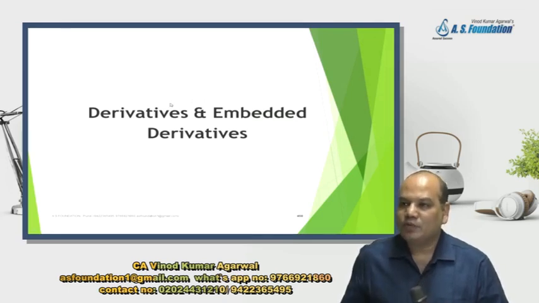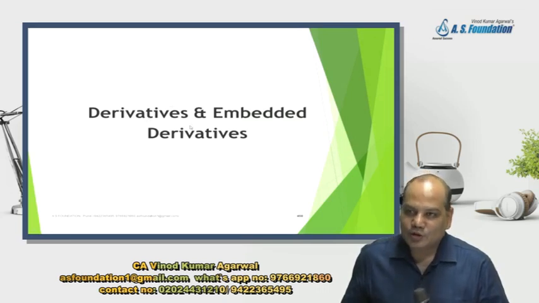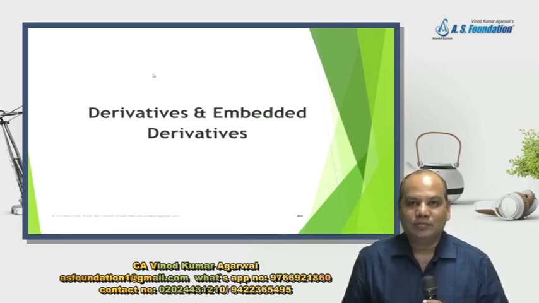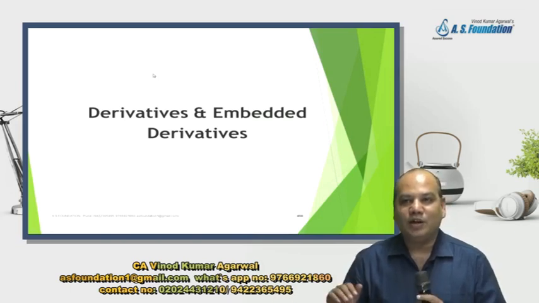What is the objective of entering into a derivative contract? Three objectives are there. You can use it for hedging purposes, which is the prime objective of derivatives. Then speculation, but now this has become the prime objective.